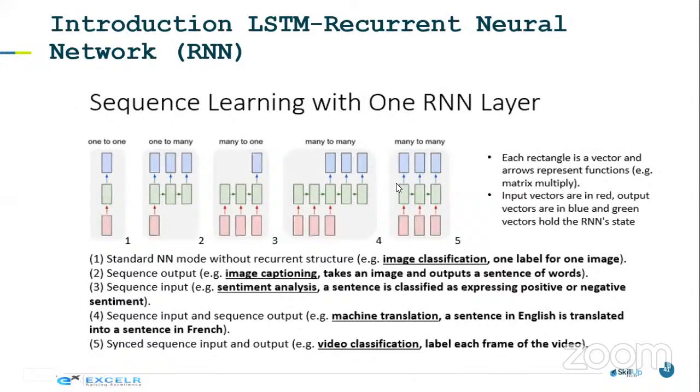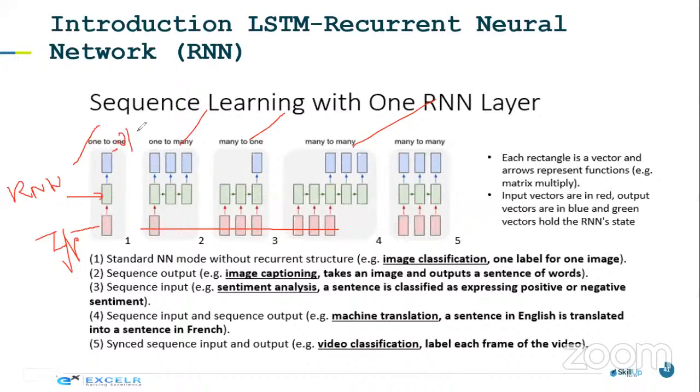And also there are certain flavors. Whenever we try to understand these things, people say one-to-one, one-to-many, many-to-one, many-to-many. This kind of recurrent neural networks are there. These reds are nothing but the inputs. These greens are nothing but the RNN cells, and these blues are outputs, guys.